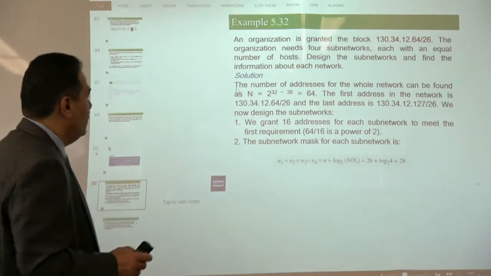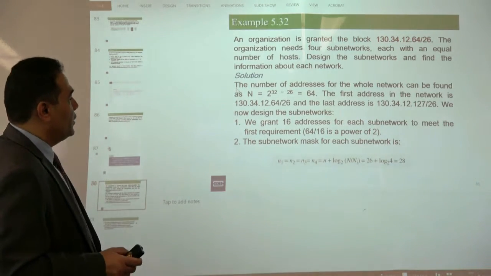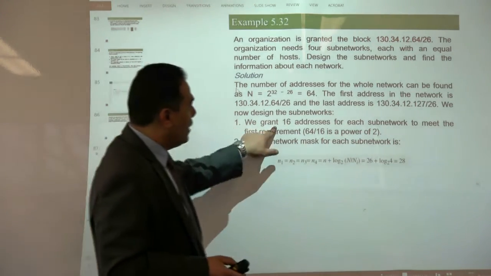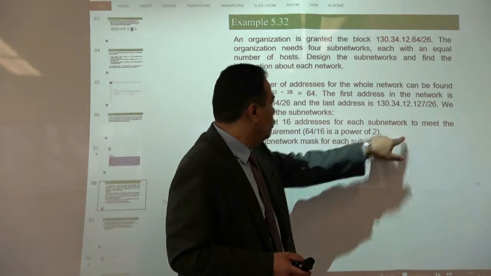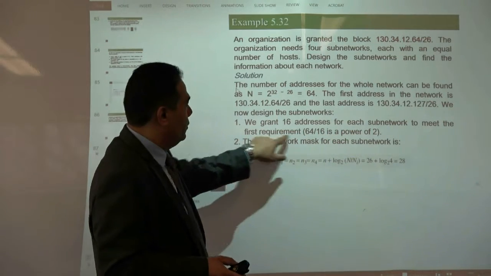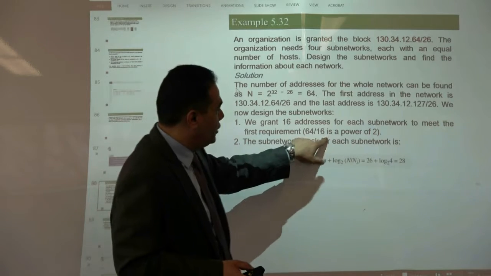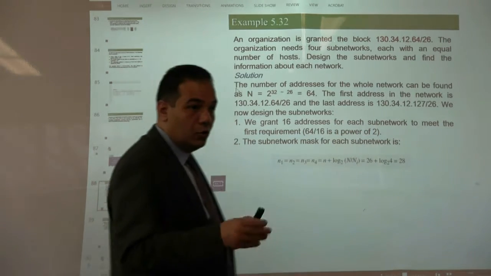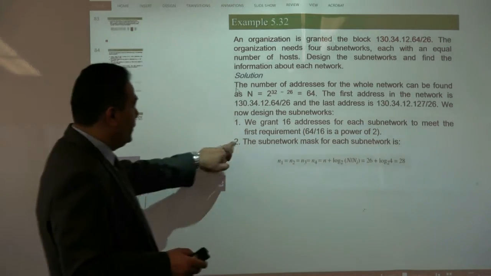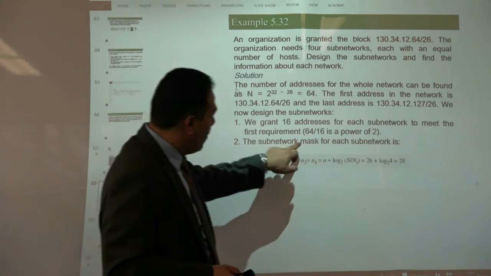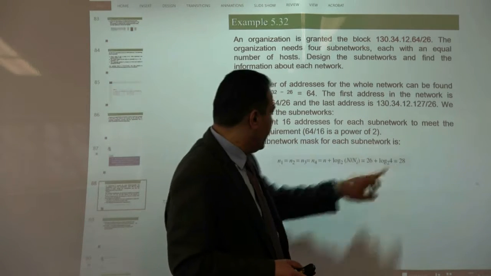Easy so far, right? Now, to design the network, we grant 16 addresses for each subnetwork to meet the first requirement. 64 over 16 is a power of 2, which is good. Those are the powers of 2. So the subnetwork mask for each subnetwork is like this.